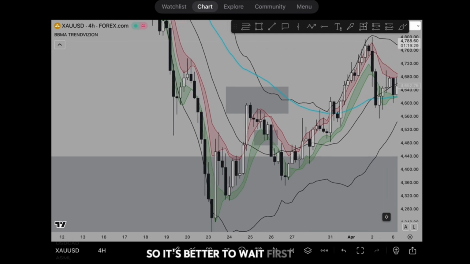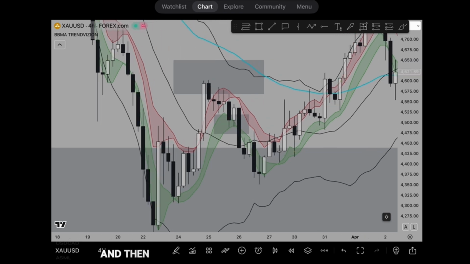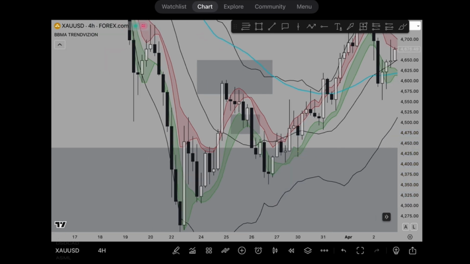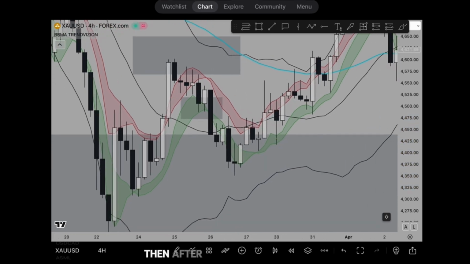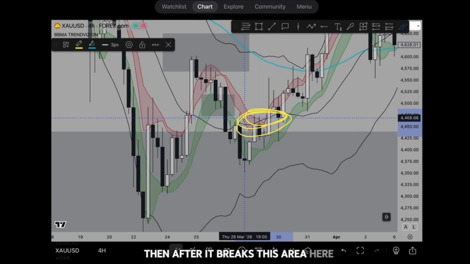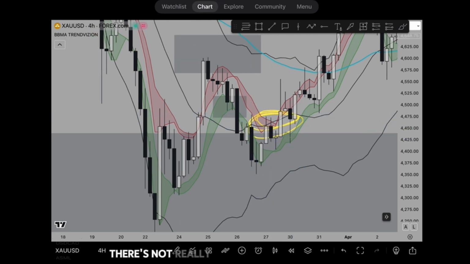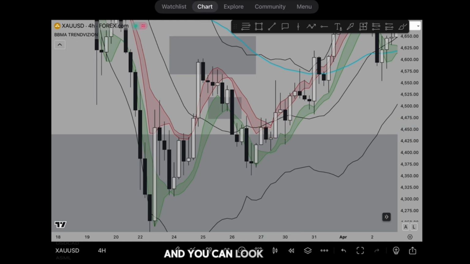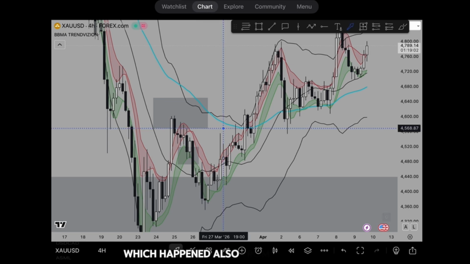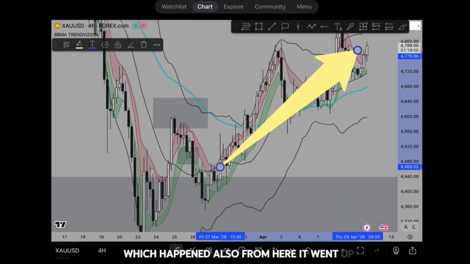So it's better to wait first for the daily to play out, and then when it gets in that low moving average and you see okay it continues upwards, then after it breaks this area here, there's not really a continuation downwards and you can look for buys, which happened also. Like from here it went up.